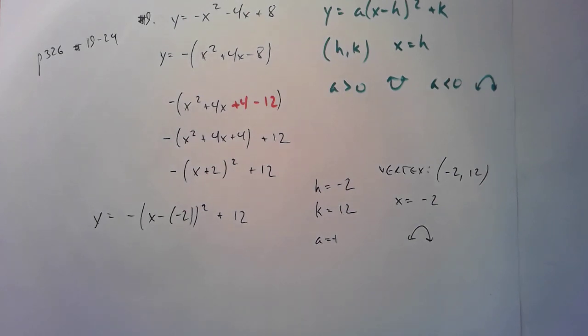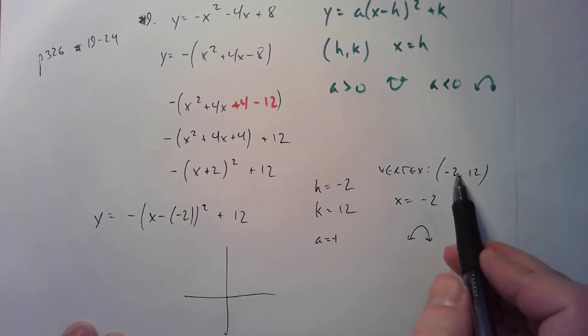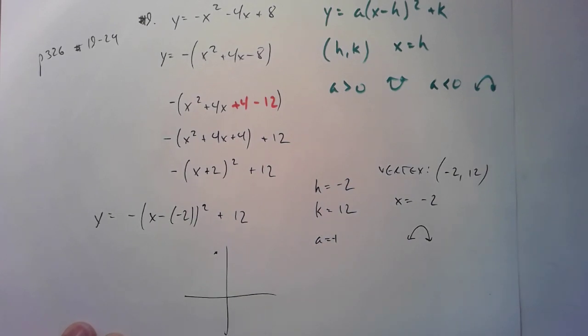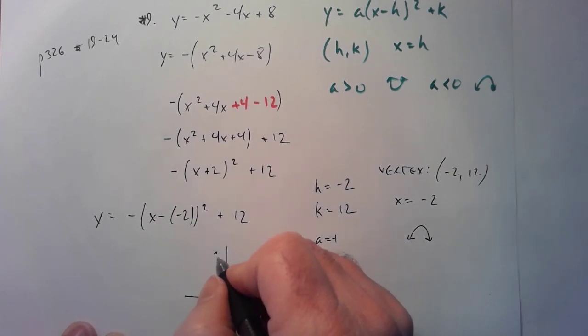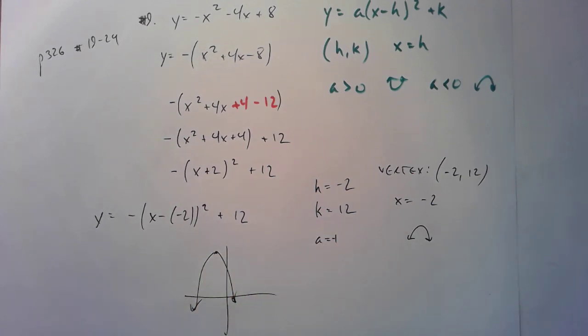Without even seeing a graph of it, I already know what this thing is going to look like. The vertex is slightly to the left and up quite a bit, like this, and it opens down. That's what the parabola looks like.